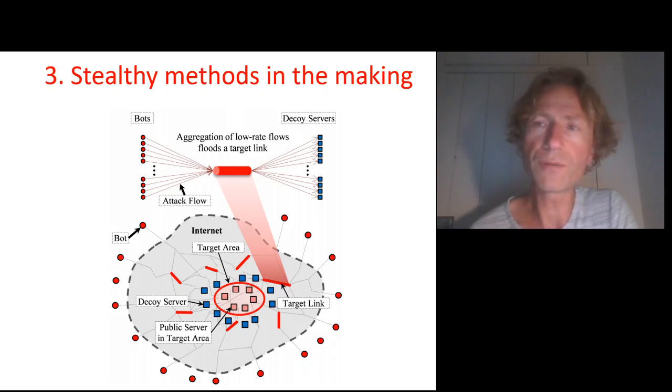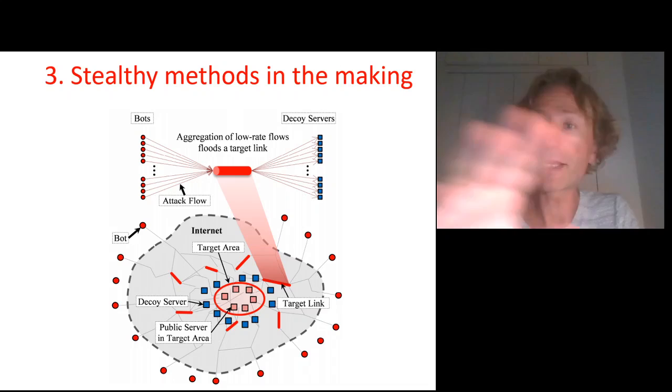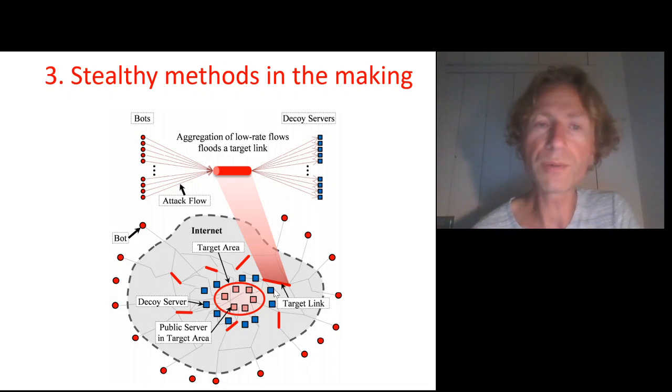And the decoy servers are not the victims, but they together surround the victims by means of all the paths towards the victim. So they all share bottleneck links towards the victim. And if we manage to clog up all of these bottleneck links, it also means that the traffic towards the victim is also clogged up. You cannot get into that.